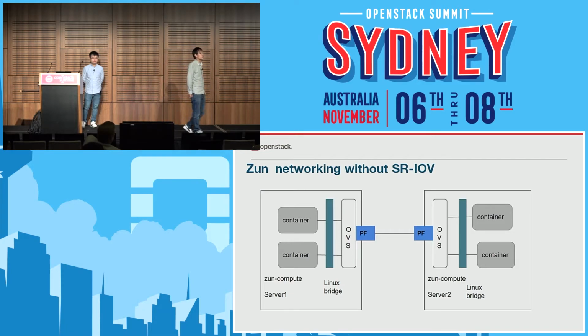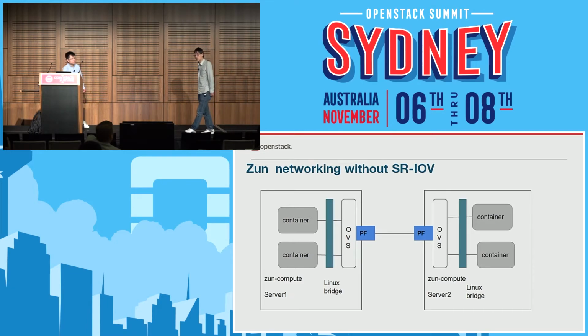When you use Zun to create two containers in the two compute nodes, the current way is a container is connected by the veth pair to the bridge, and then the bridge will connect it to the OVS. This is also the same topology as the VM for Nova, and for the container it is the same topology.